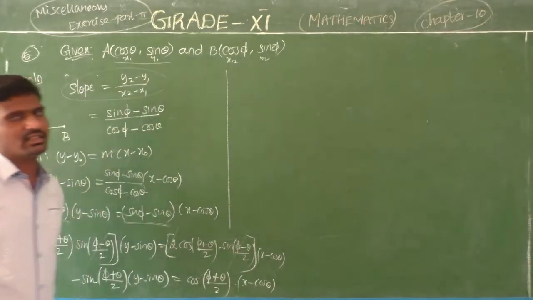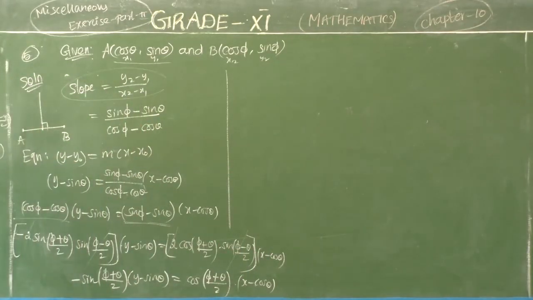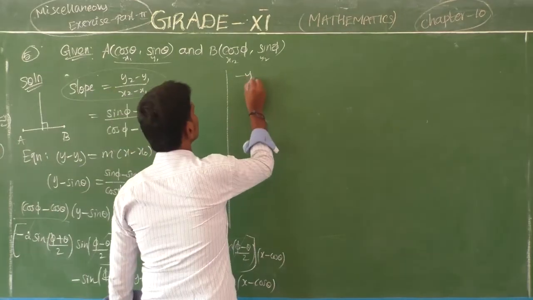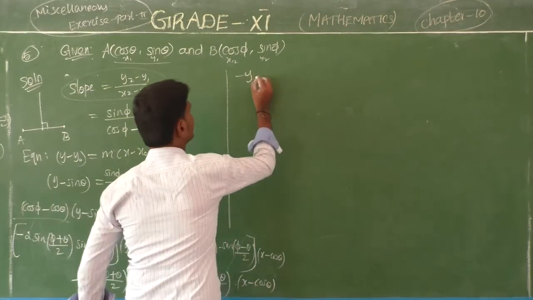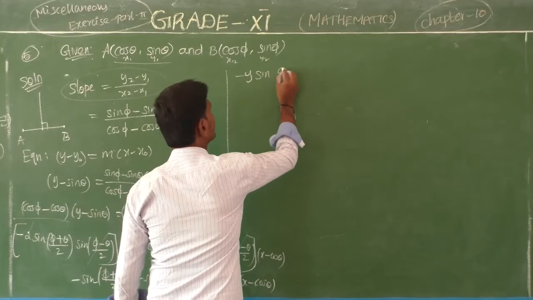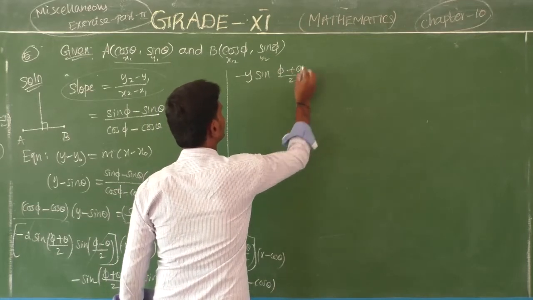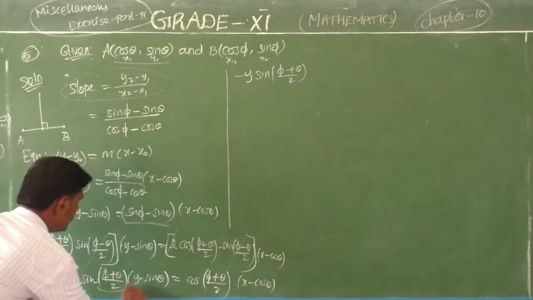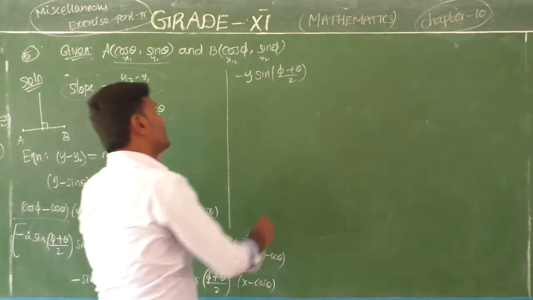Now we are going to multiply this to get minus y into sin of phi plus theta by 2. This one and this also, minus into minus, what will come?